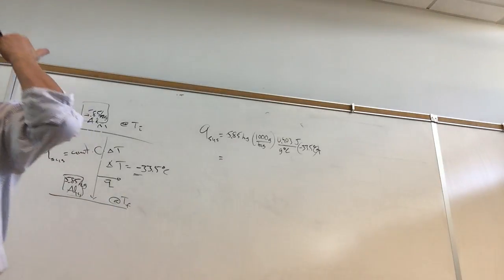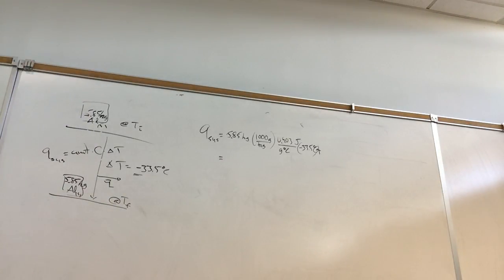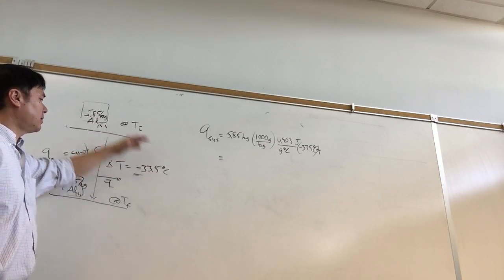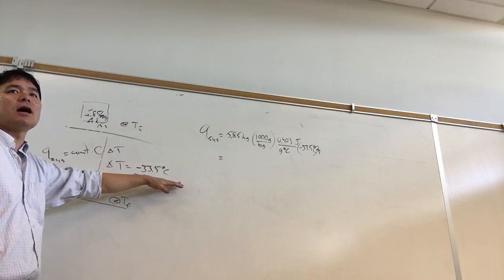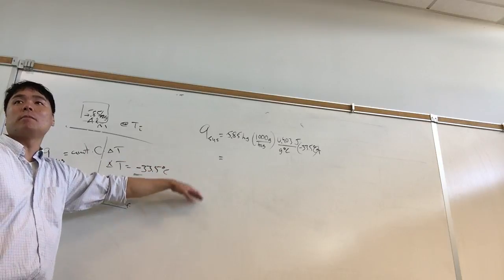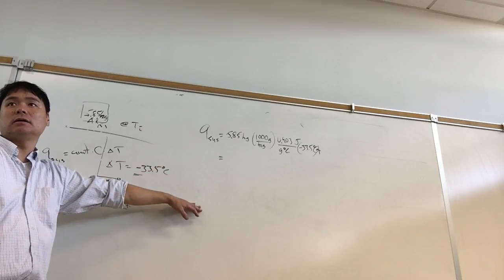Now, what we can do is say that the surroundings consist of maybe some water. If I take this hot piece of aluminum and drop it into water, with a 33.5 degrees C temperature drop here, we can figure out how much the water warmed up.